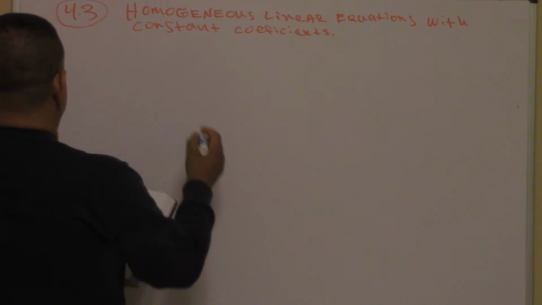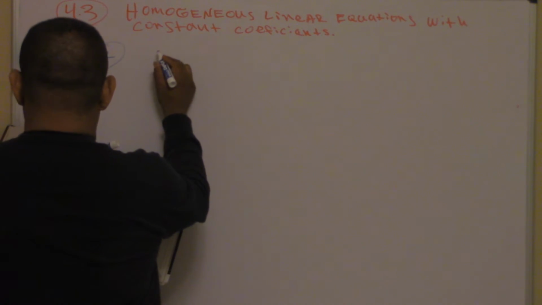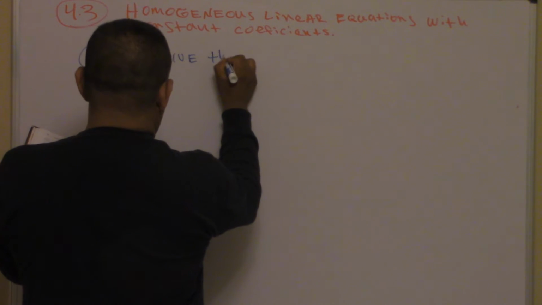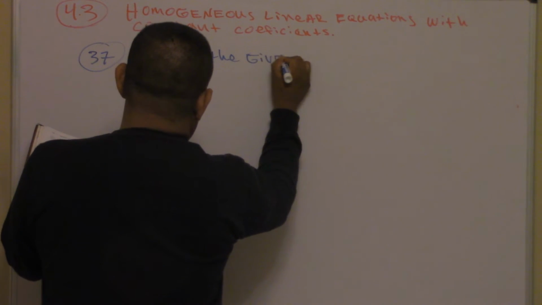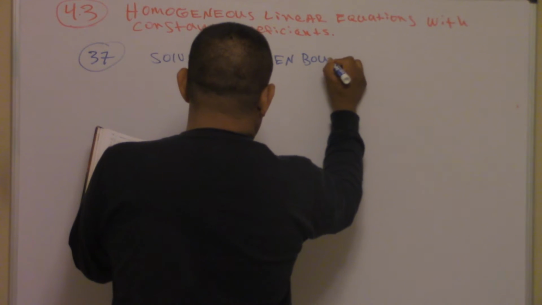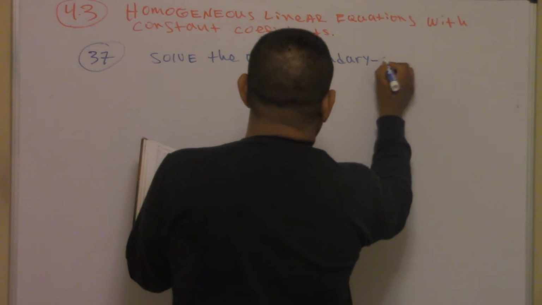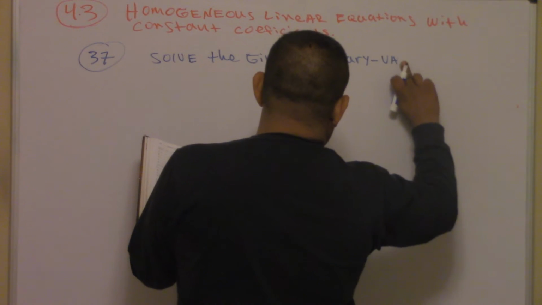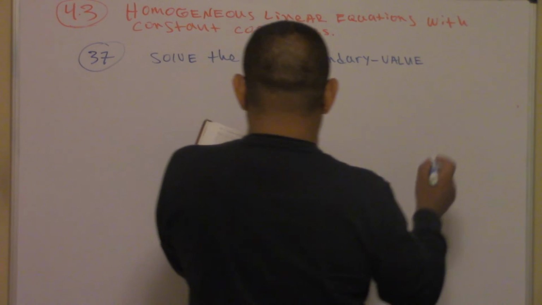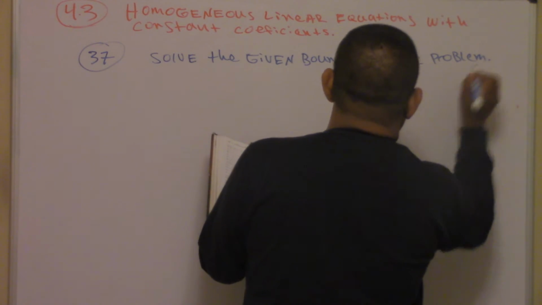So this is number 37. It says: solve the given boundary-value problem.